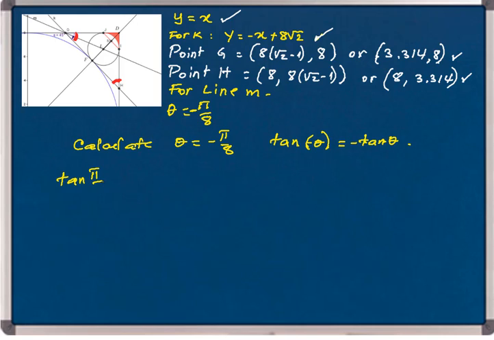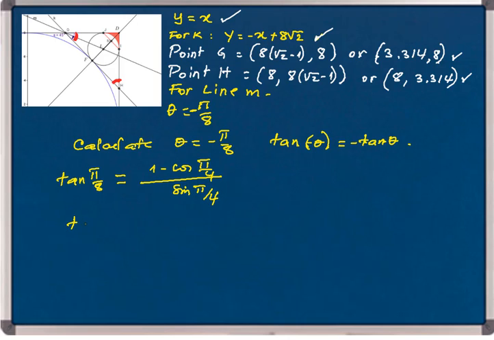We know that pi over 8 is just half of pi over 4. So that means tangent of pi over 8 is equal to 1 minus cosine pi over 4 over sine pi over 4. This is a formula we have.